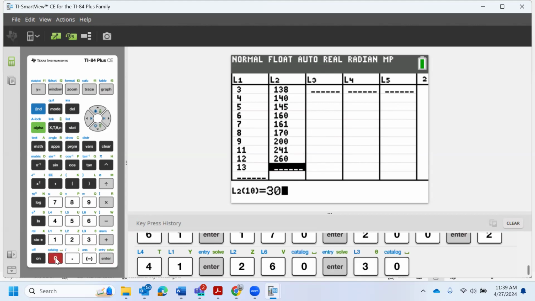Okay. Now, once you have keyed in, make sure that you double check your data.